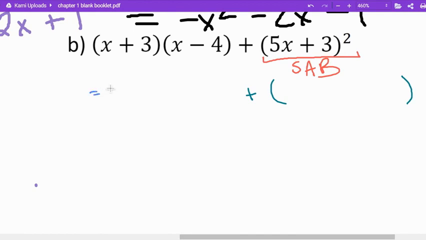And so for the first part, you could do FOIL or you could just do, remember as I said, every term in the first bracket multiplies a term in the second one. So we're going to do x times x. And we're going to do x times negative 4.